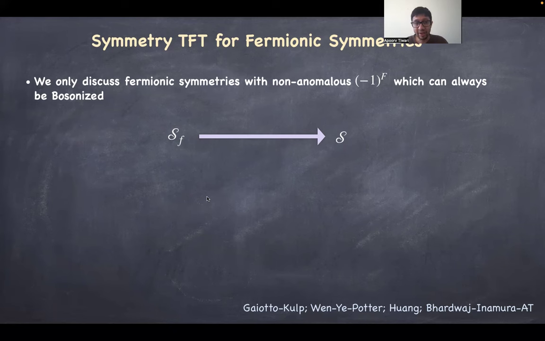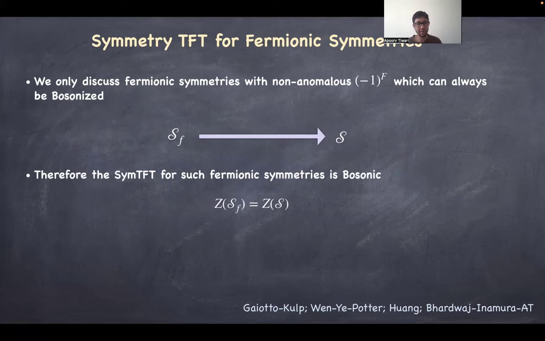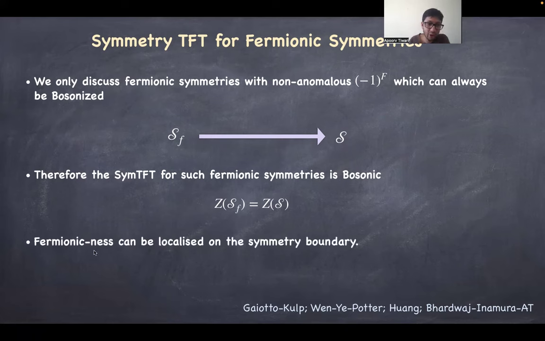They're in fact very analogous to gauging. Therefore, this kind of manipulation can be done localized on the symmetry boundary. And therefore, the symmetry TFT for such fermionic symmetries is in fact bosonic. And it's the TFT that one gets from the symmetry category after bosonizing S_F. The fermionicness can be localized on the symmetry boundary.